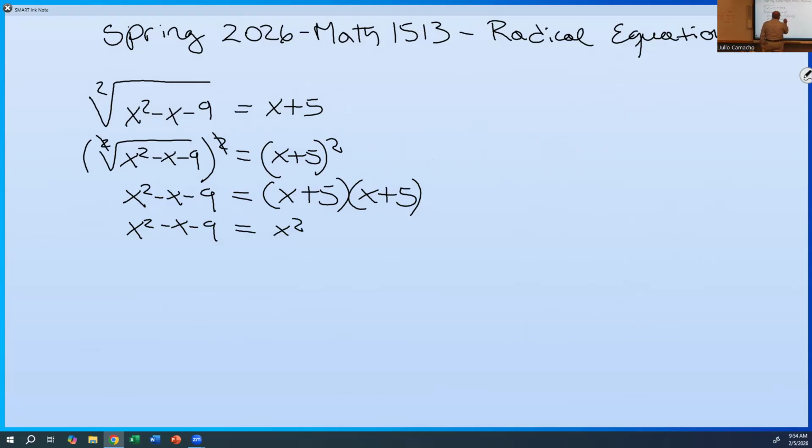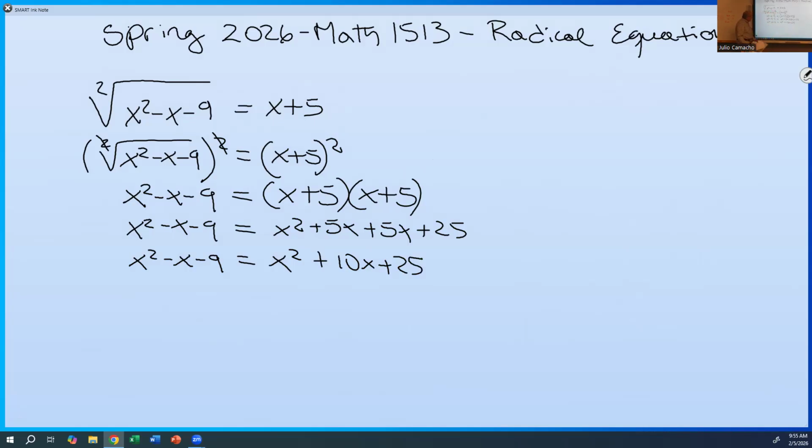Then x times 5 is plus 5x, and 5 times x is plus 5x, and positive 5 times positive 5 is plus 25. You write again x squared minus x minus 9 equals x squared, and then you can simplify the middle term, plus 5x plus 5x is plus 10x, plus 25.